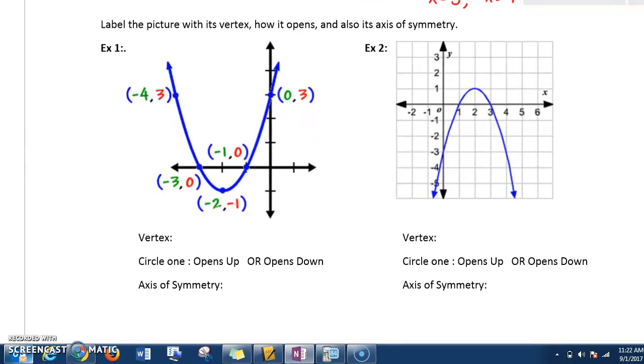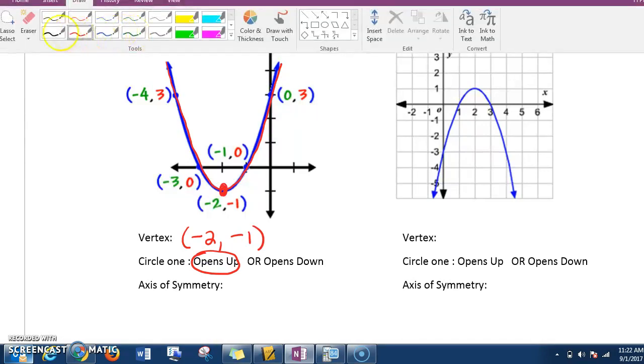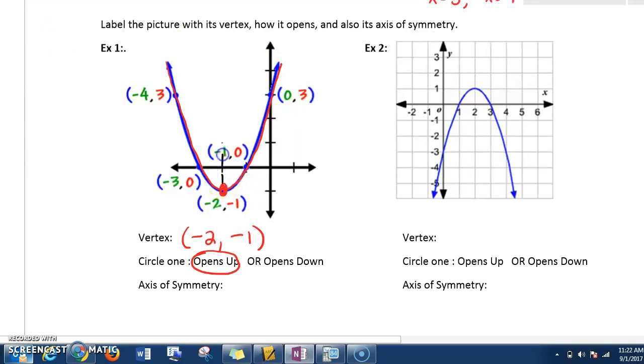All right, so in example 1, we know that the vertex in this case is the lowest spot. It is at -2, -1, so that will be our vertex. And then we recognize that the parabola is opening up. So we are going to say that it opens up, not down. And the axis of symmetry is the line that goes through the vertex and cuts the graph in half.